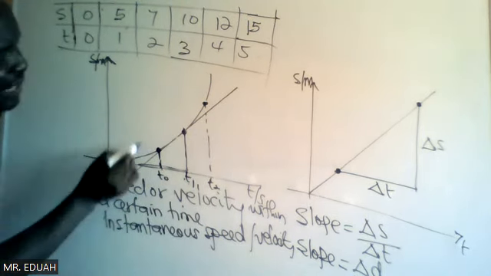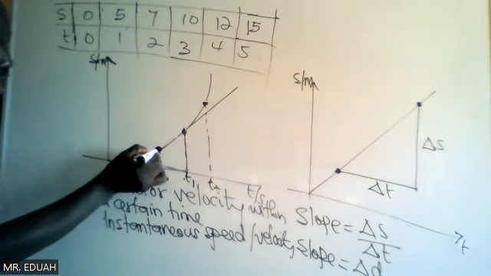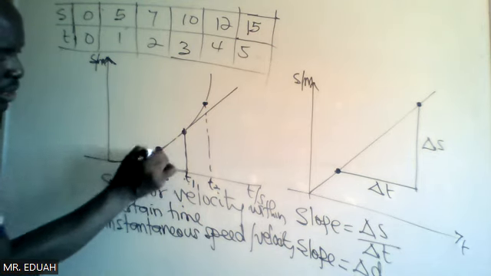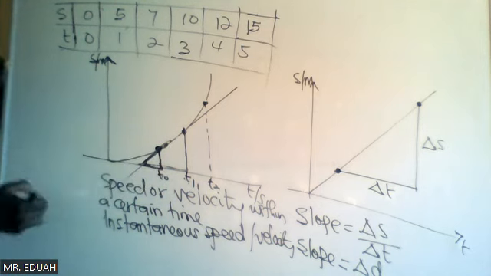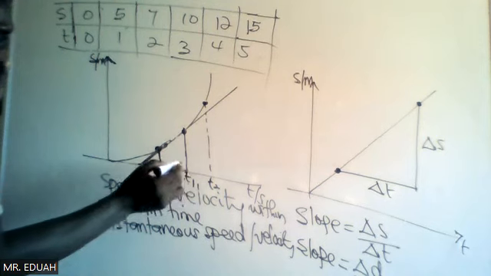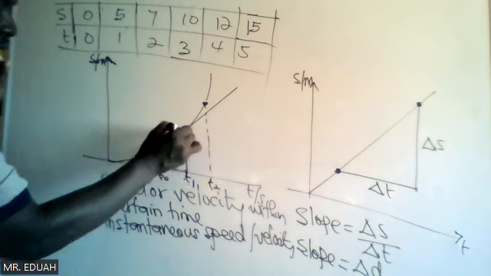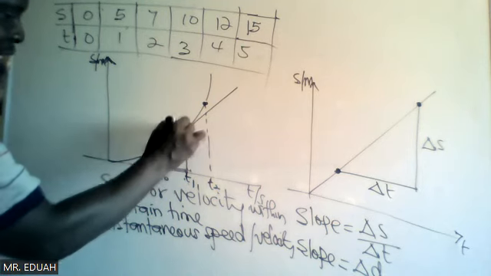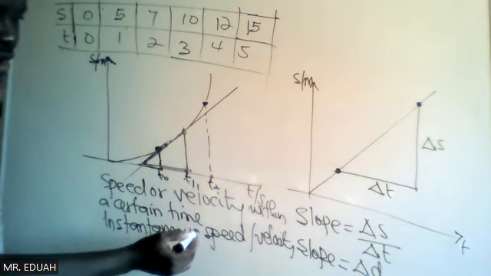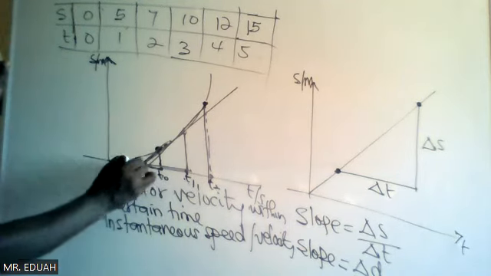Because of the increasing distance, the instantaneous speed or velocity for time t naught, which will be this when I draw the tangent, and for time t1, which can also be this bigger one, or for time t2, which when I draw would also be this bigger one.